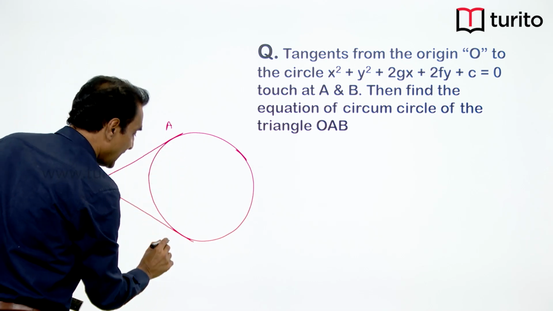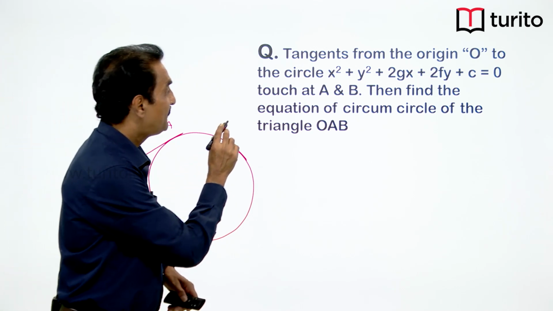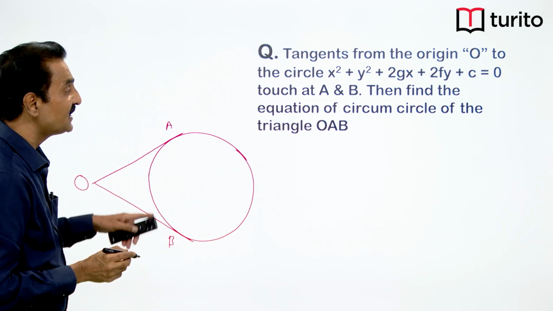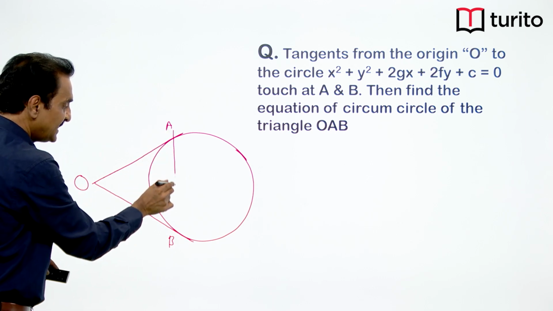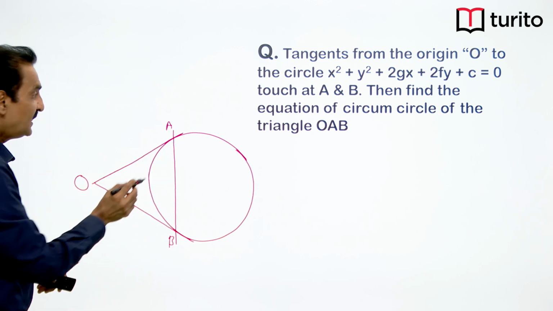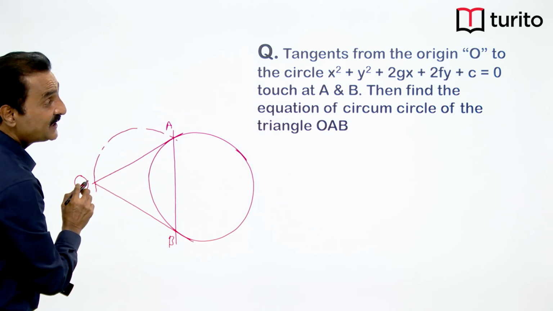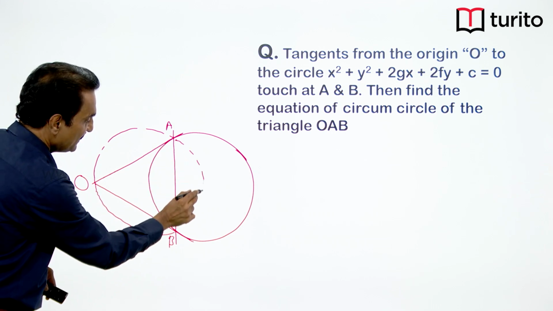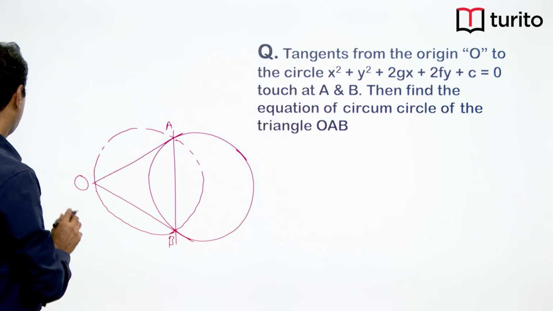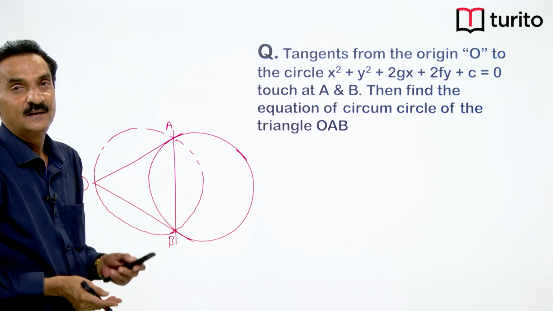They touch the circle at A and B. Now find the equation of the circumcircle of the triangle OAB. Complete the triangle OAB. I want the equation of the circumcircle of the triangle OAB.